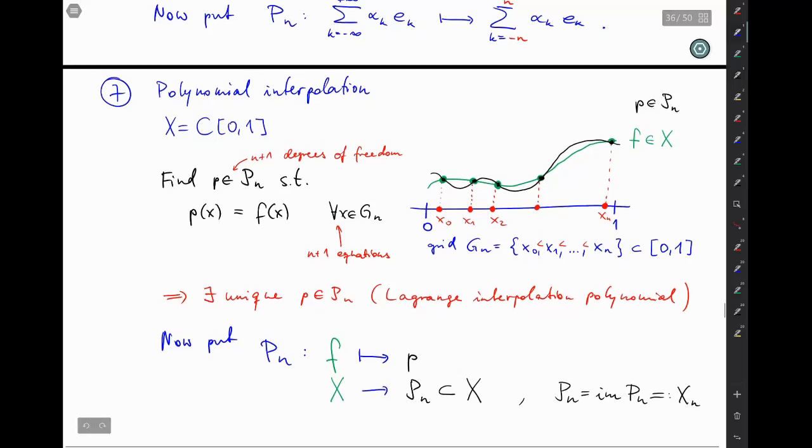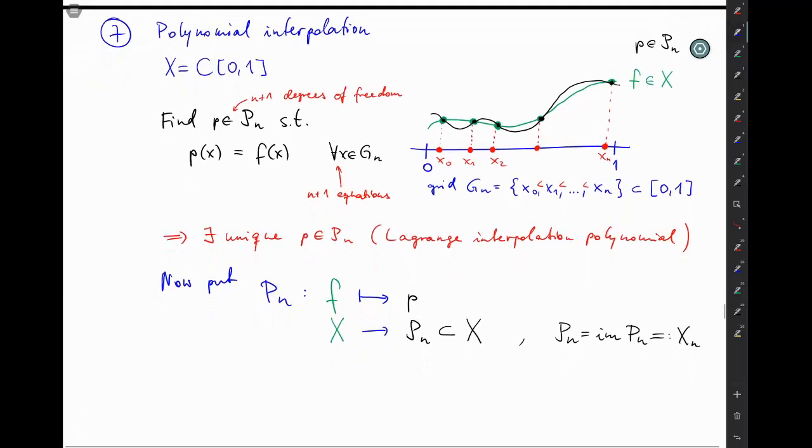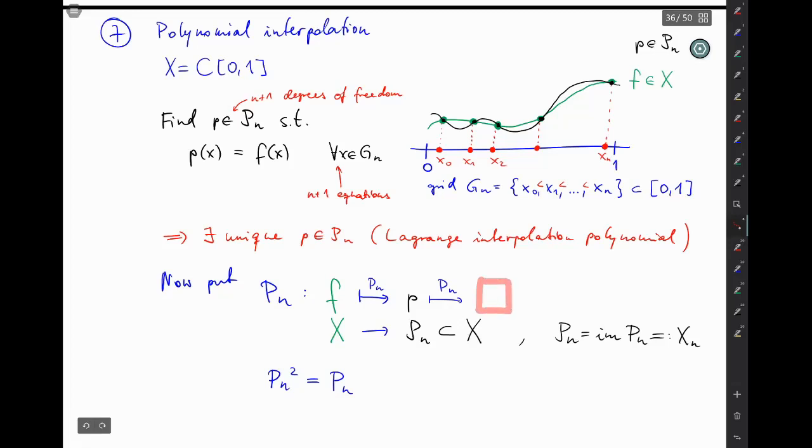So is it indeed a projection? Yeah, I think it is. So you just have to imagine that after applying P_n once, you're going to apply it again. So here you get a polynomial of degree at most n, which is assuming the same values at these grid points like p is.